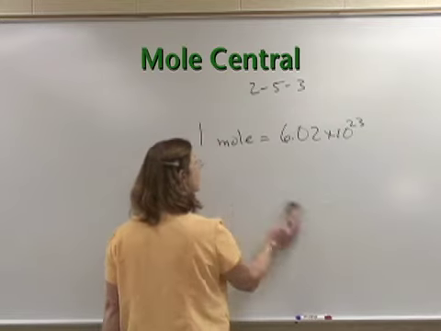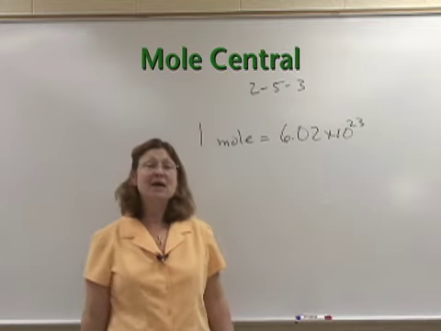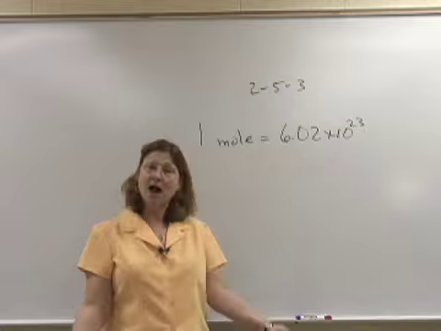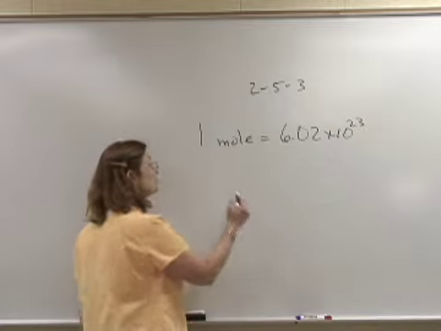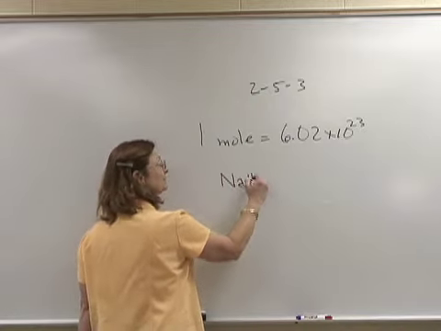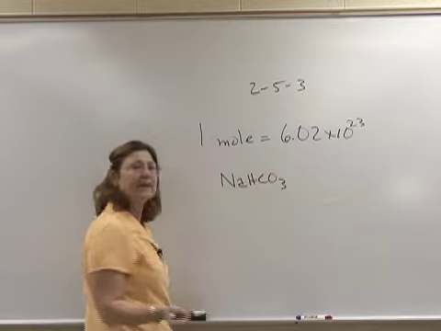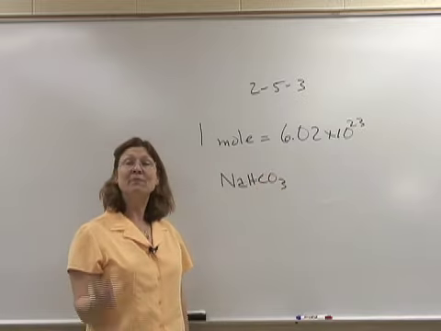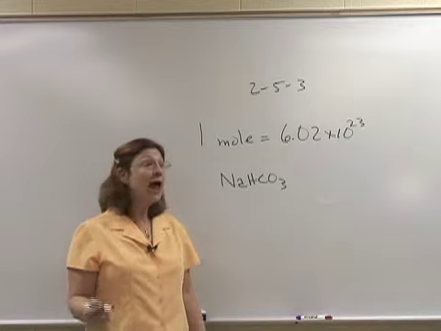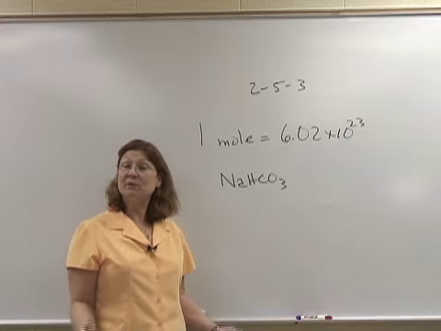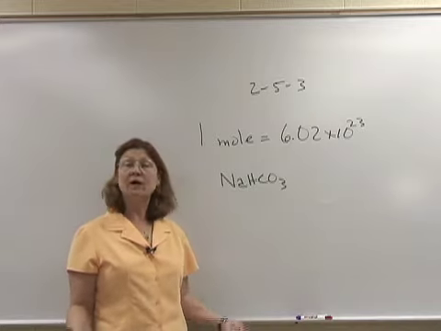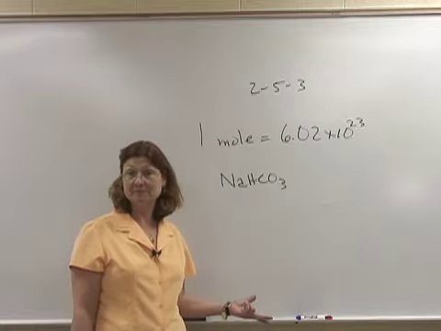And because this is the central concept, if I have a compound like sodium bicarbonate, and I want to know its gram formula mass, or what is the mass that would be required to get 1 mole of these molecules?